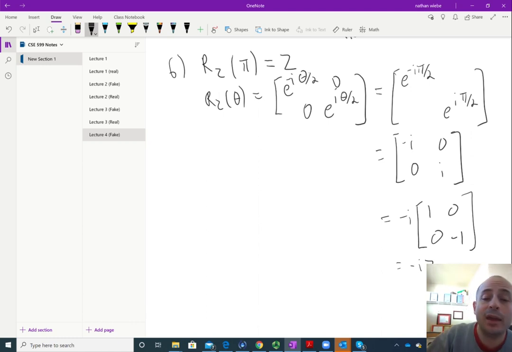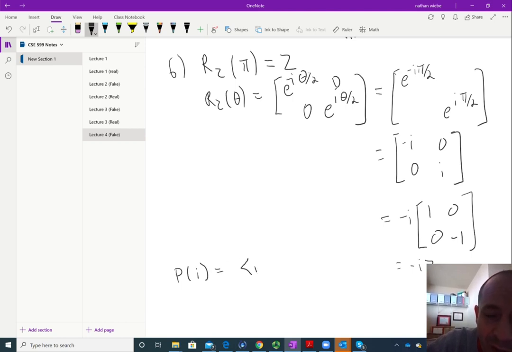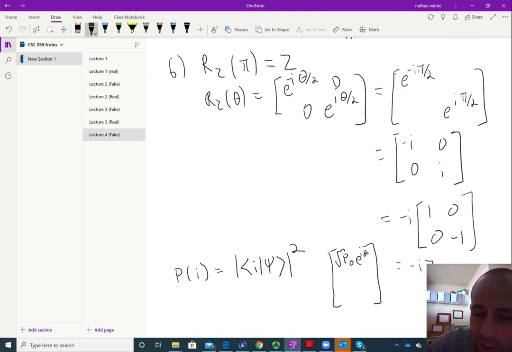The reason why is that the probability of a given outcome, P of i, is equal to the absolute value of i times the wave function, squared. Again, this is just a form of the fact that the wave function can always be expressed as P naught e to the i theta naught all the way down. So I'm just using that expression in here.